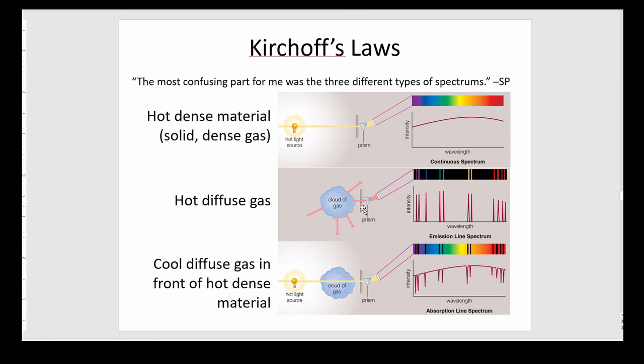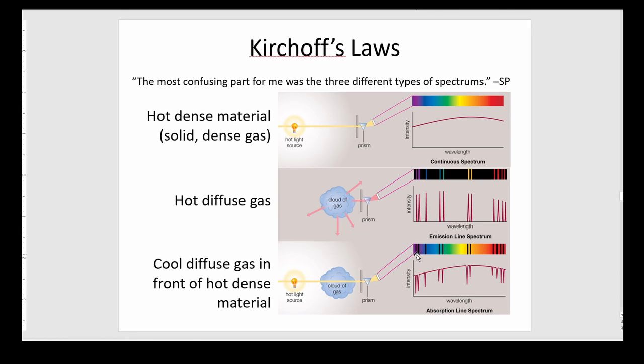On the other hand, if we change this configuration, let's say we have our hot light source again, but there is a diffuse cold gas. And in this case, what we see is something like this. We see full color spectrum.